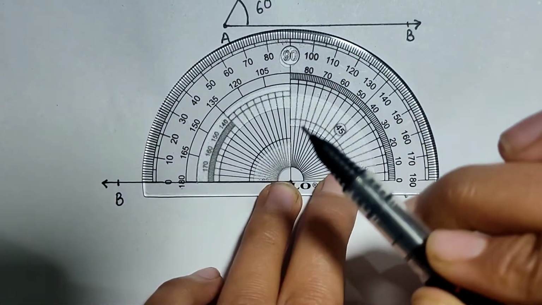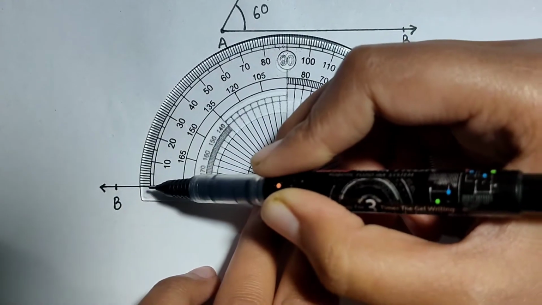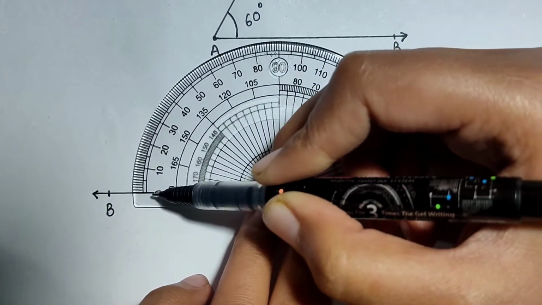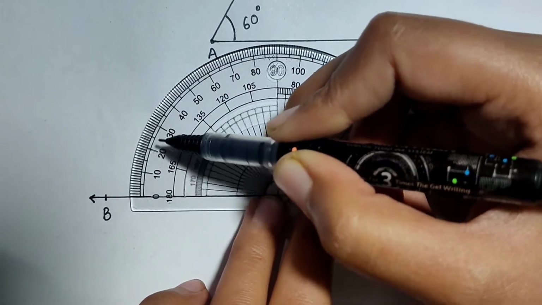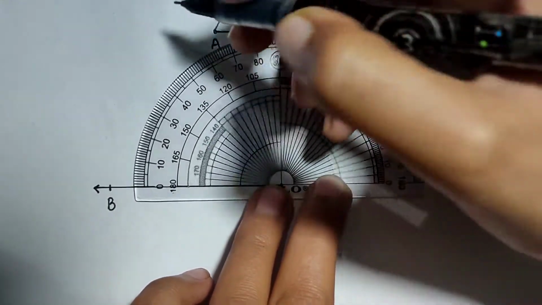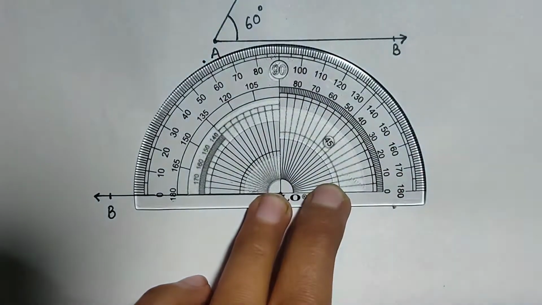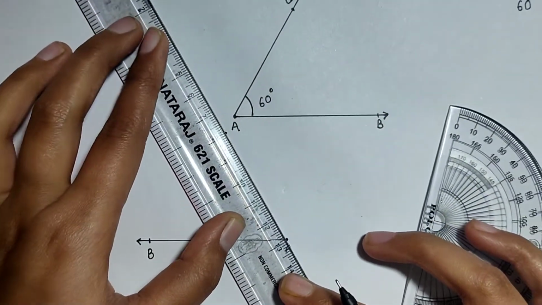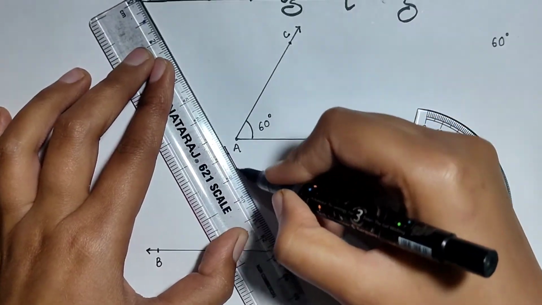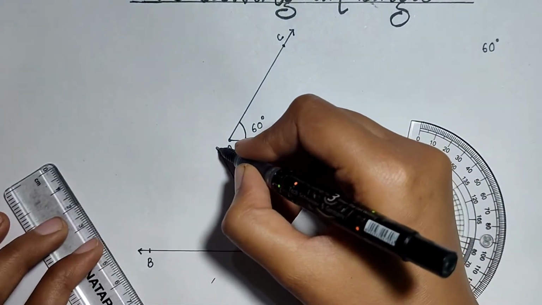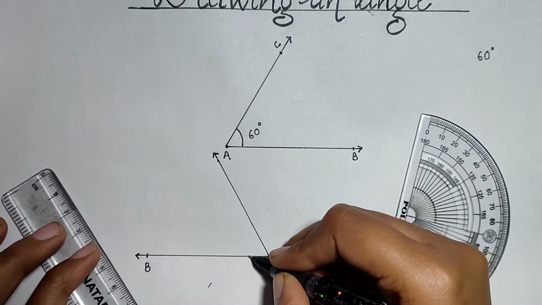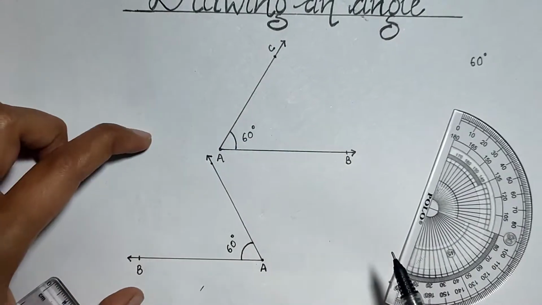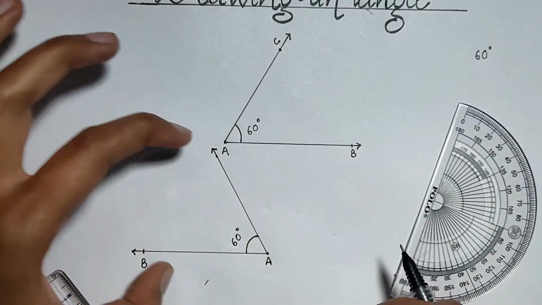So here if we have to draw an angle of 60 degrees, we will see the readings given above: 0, 10, 20, 30, 40, 50 and 60. So we put a point here and then join these two rays.